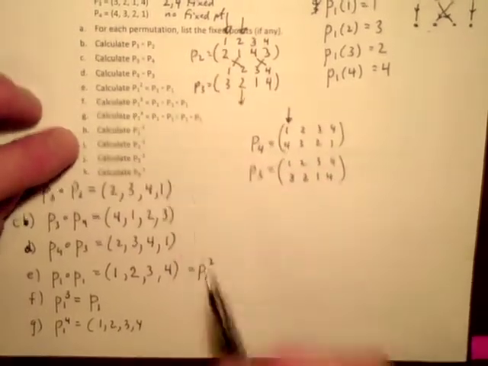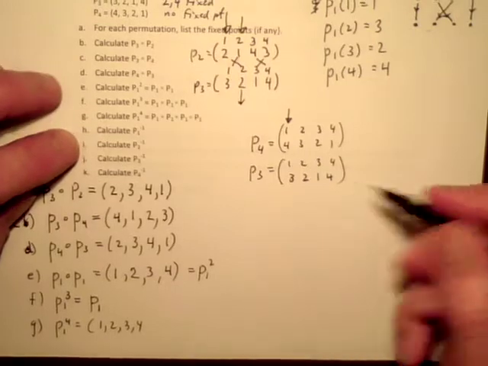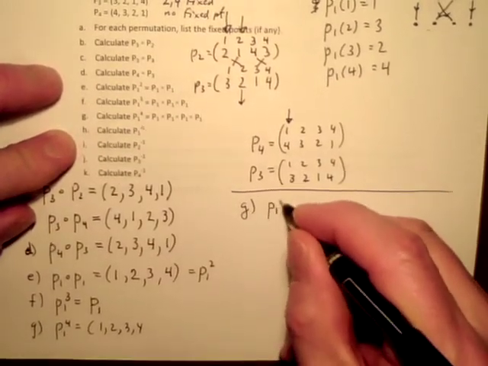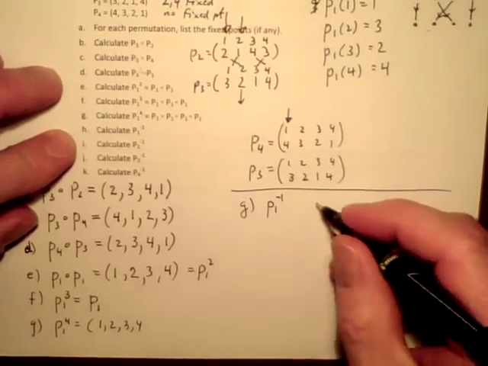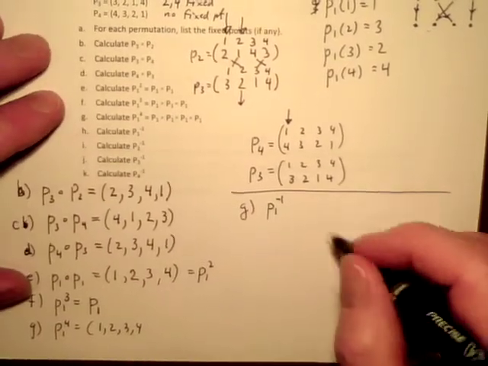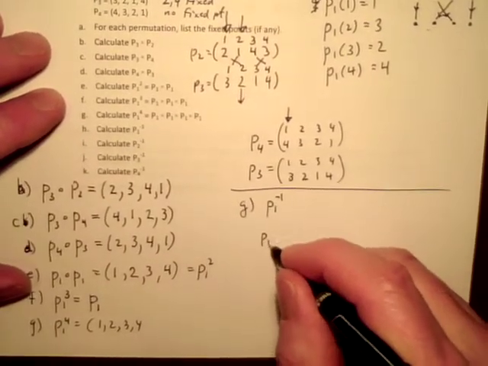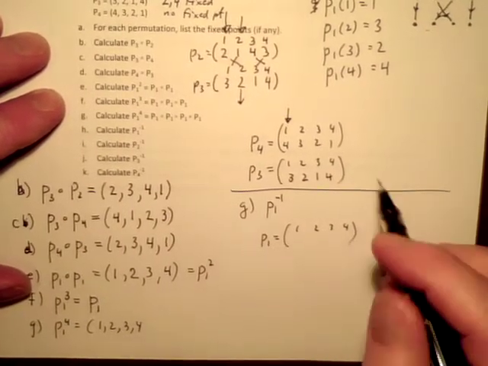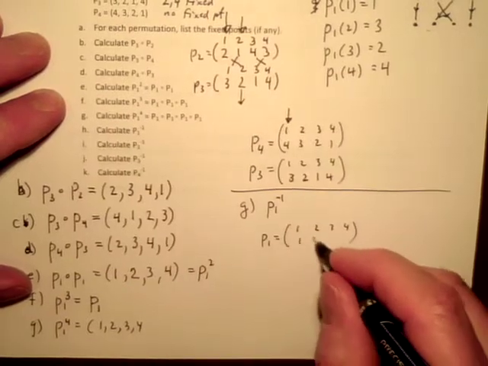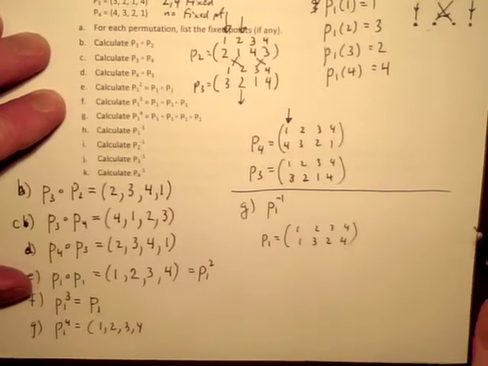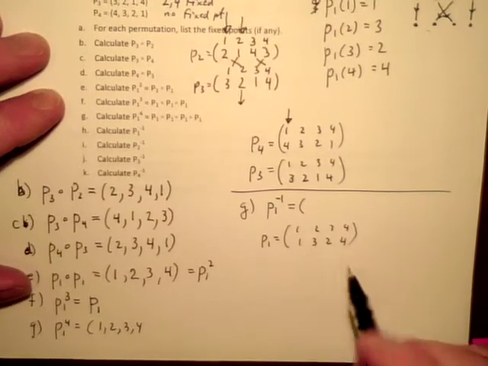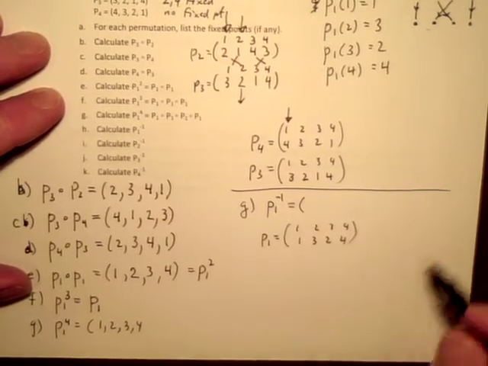Now to calculate inverses. Let's see. P1 inverse. Well, I'm gonna write out P1 like this, and I'm gonna write the 1, 2, 3, 4 above it, and P1 is 1, 3, 2, 4. And what I'm going to do is I'm just going to say, flip this thing over.